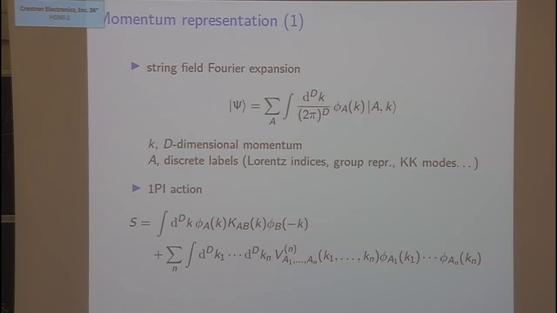And a is a discrete index: Lorentz indices, KK modes, and so on. So the general form of the 1PI action is like this. You have a kinetic term, and then a sum of vertices, so endpoint interactions, with some very generic coupling tensor.